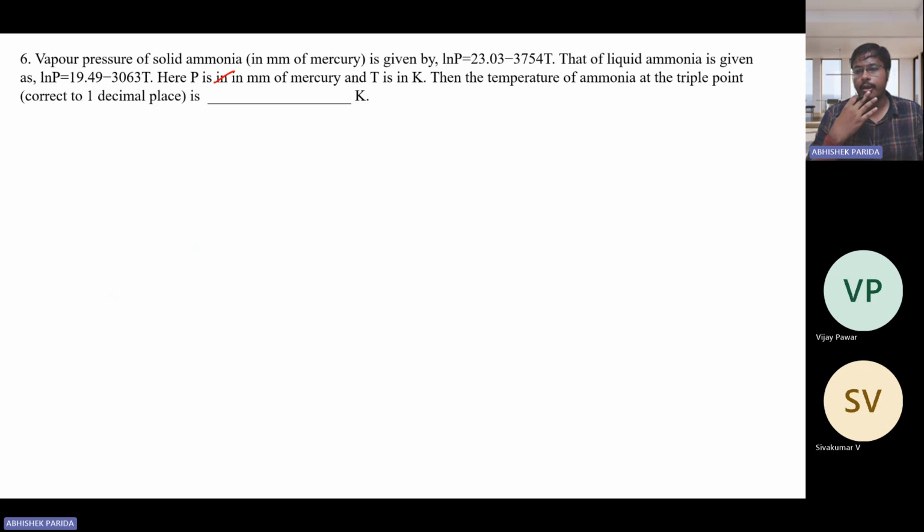The temperature of ammonia at the triple point is. So we have two state equations.